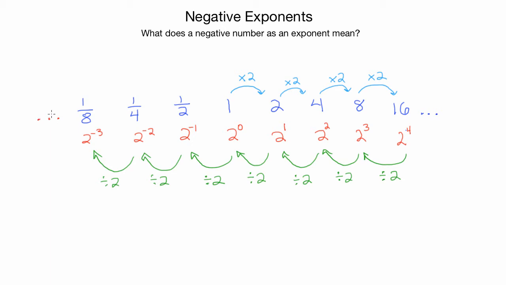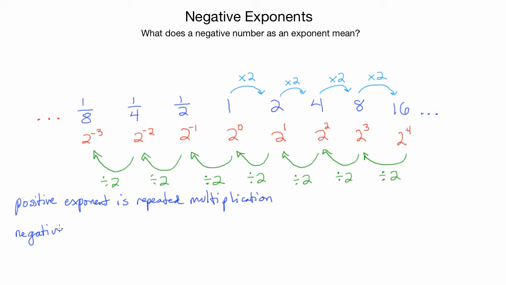Now what do we see? A positive exponent, which we've looked at in expanded form, is repeated multiplication. A negative exponent, negative is just opposite, right?